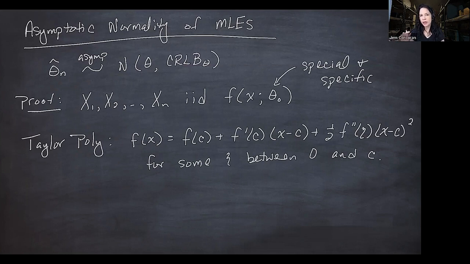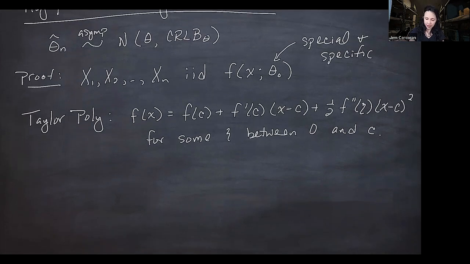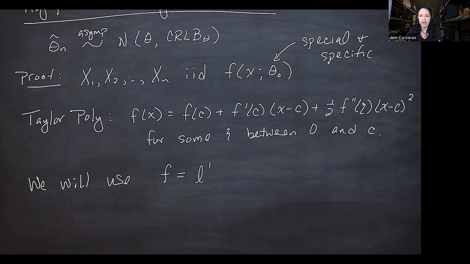So I want to use this, but I want to take the f to be the derivative of the log likelihood. So that's my lowercase script l. That's the log likelihood and one derivative. And I'm going to take x to be the MLE. And I'm going to let c be the actual specific value that generated the data.